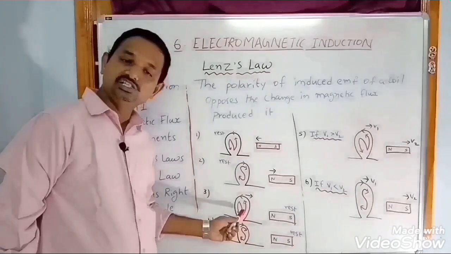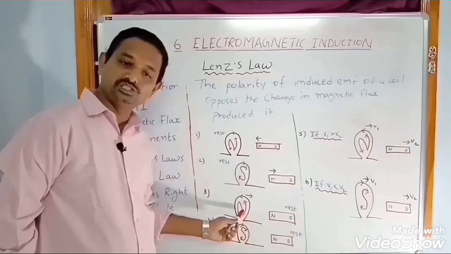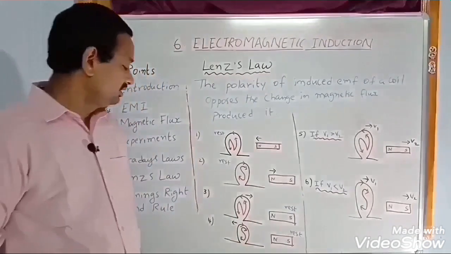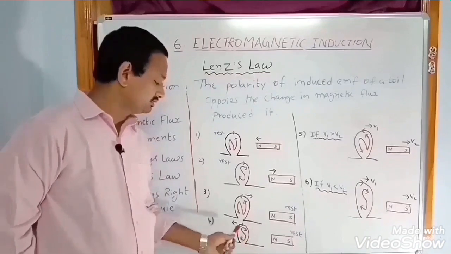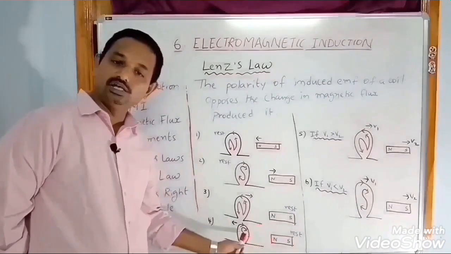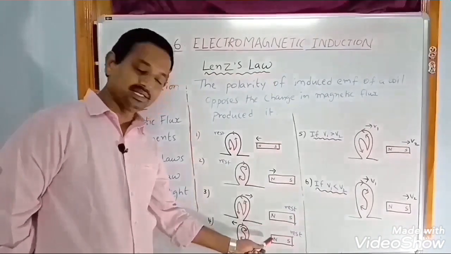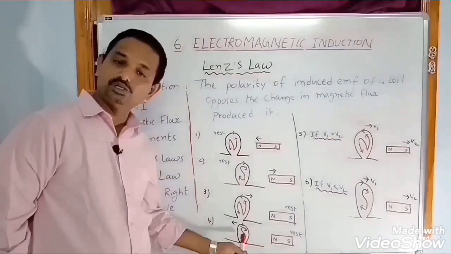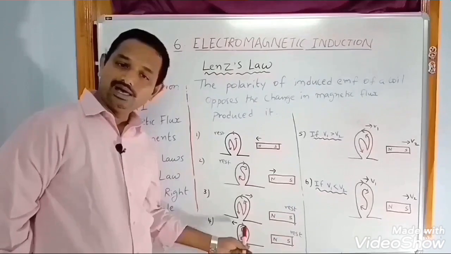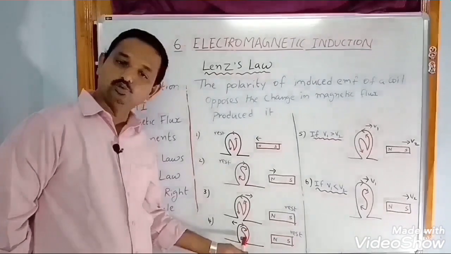That opposes the change in magnetic flux that produced it. If you move the coil opposite to the direction of the magnet, the polarity of induced EMF of the coil acquires south pole.